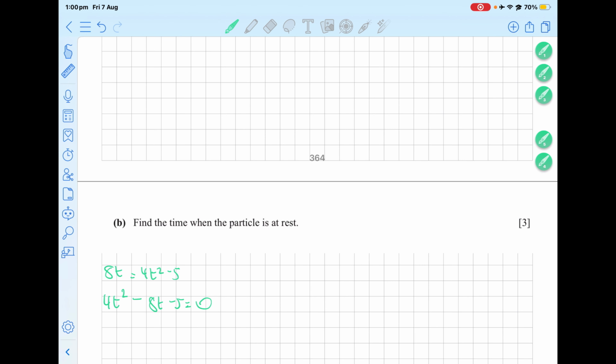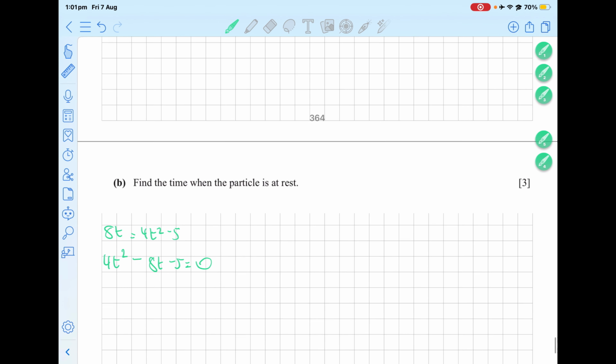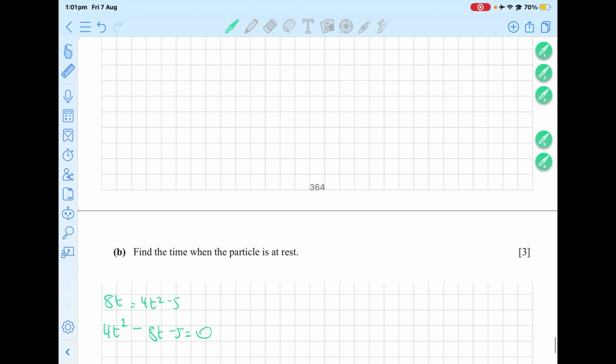We put this into the calculator: 4, minus 8, and minus 5.